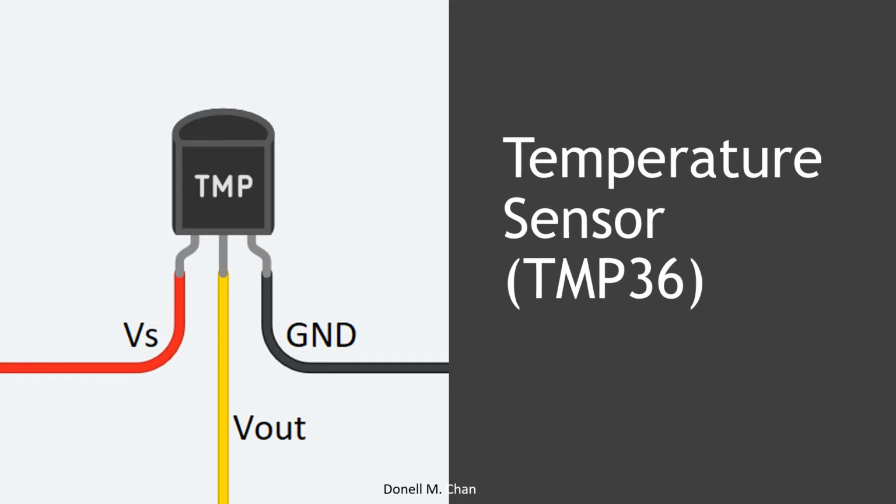It provides a voltage output that is proportional to the temperature in Celsius. The sensor can measure a wide temperature range, from negative 50 degrees Celsius to 125 degrees Celsius. It's fairly accurate and low cost, making it a popular choice for a temperature sensor.